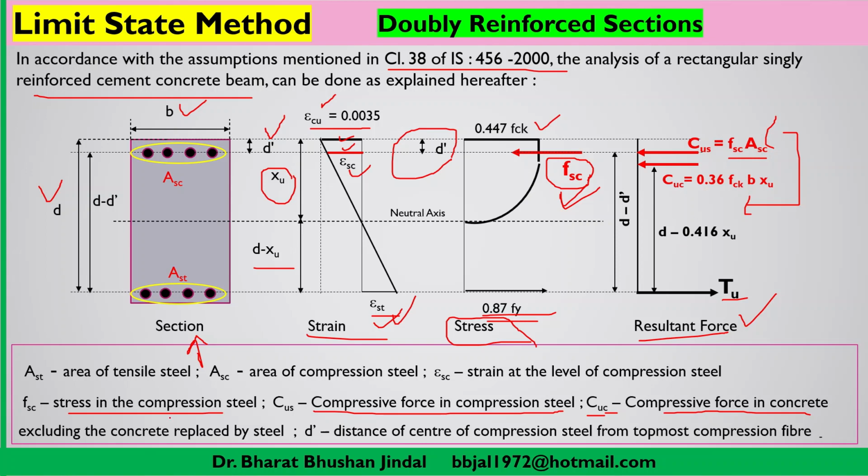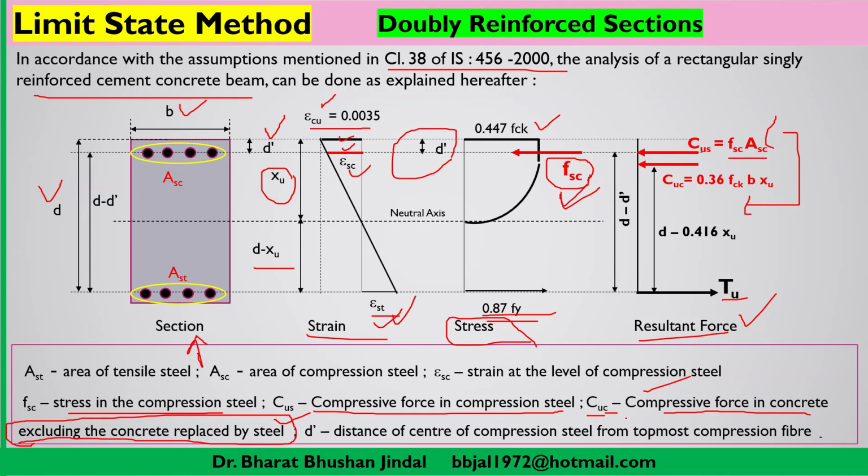But here another thing we have to keep in mind is that we have to exclude the area of the concrete which is replaced by steel, because when you provide compression steel, some area of the concrete you have removed. That area which we have removed will be equal to the area of the compression steel that we have to exclude from the calculation.